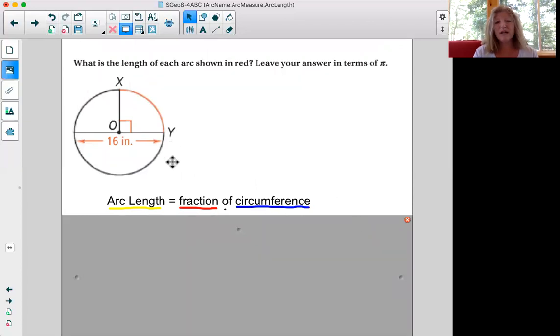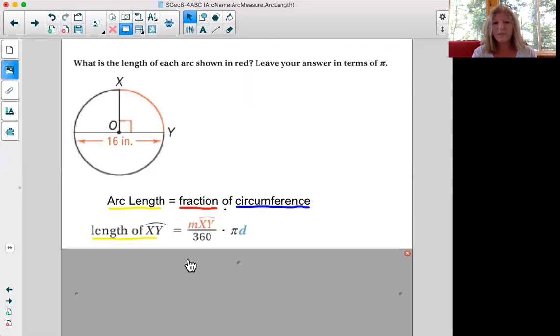So if we want to find the arc length of arc XY, we have to find the fraction of the circumference. What is the fraction? This fraction here is 90 degrees over 360, which will reduce to 1/4. And then we need to find the circumference of the whole circle.